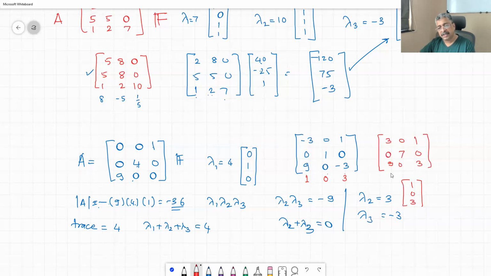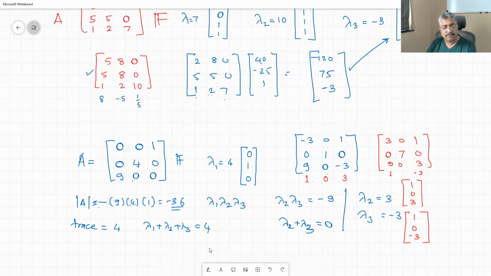If you look at this, you take this 1 and you take this minus 3, it will become 0. Therefore, the eigenvector for this is 1, 0, minus 3. These are the eigenvalues and eigenvectors of some odd diagonal matrix, 1, 4 in the main diagonal position.